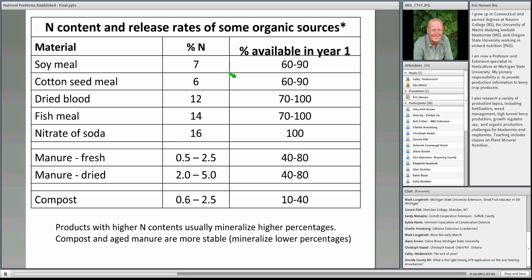I think there's some real good information from North Carolina State University for plasticulture strawberry systems, and I'd suggest you take a look at that information.